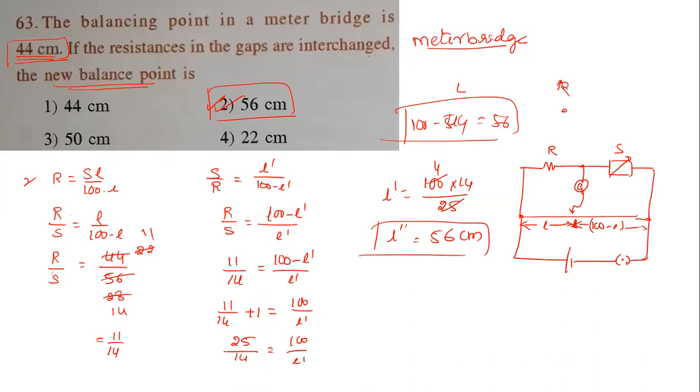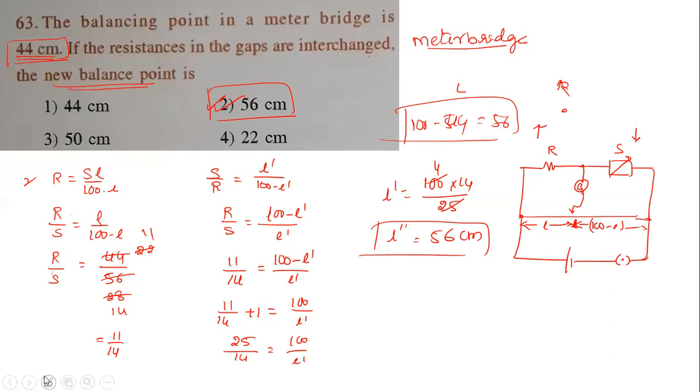One thing you need to remember: if you increase the value of R and decrease the value of S, then the balancing length shifts towards the lower resistance, which means the balancing length increases.